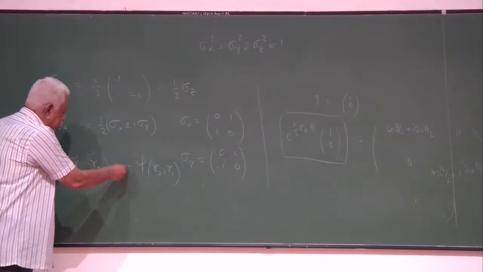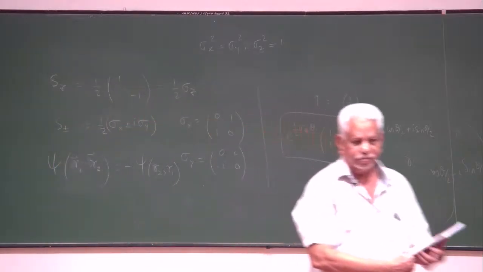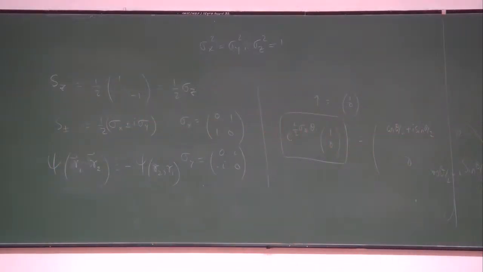It turns out there is a minus sign. Without that minus sign, your atom cannot be stable. That minus sign comes from Pauli's exclusion principle, which says that you cannot put two electrons in the same state. If you have two electrons in the same state, the probability for that should be 0.